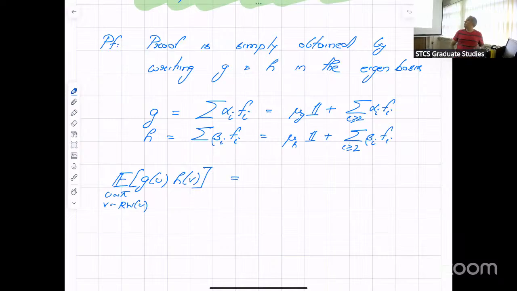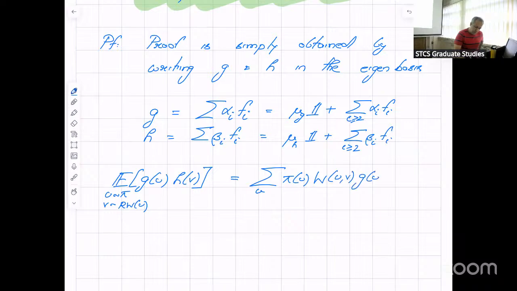I claim this is exactly summation over U, V of pi(U) times W(U,V), the probability of taking a step, times g(U) h(V). If you just stare at this definition, this is just the inner product of g with Wh in the pi norm.